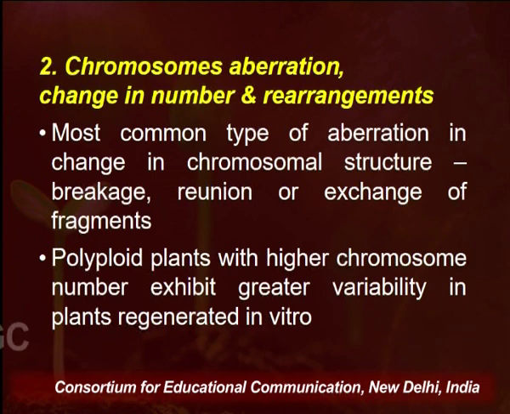Polyploid plants have also been observed wherein a higher number of chromosomes is there, and if explant materials from such plants are used in tissue culture studies, they will exhibit greater chances of occurrence of somaclonal variations in those plants that are regenerated under tissue culture conditions.